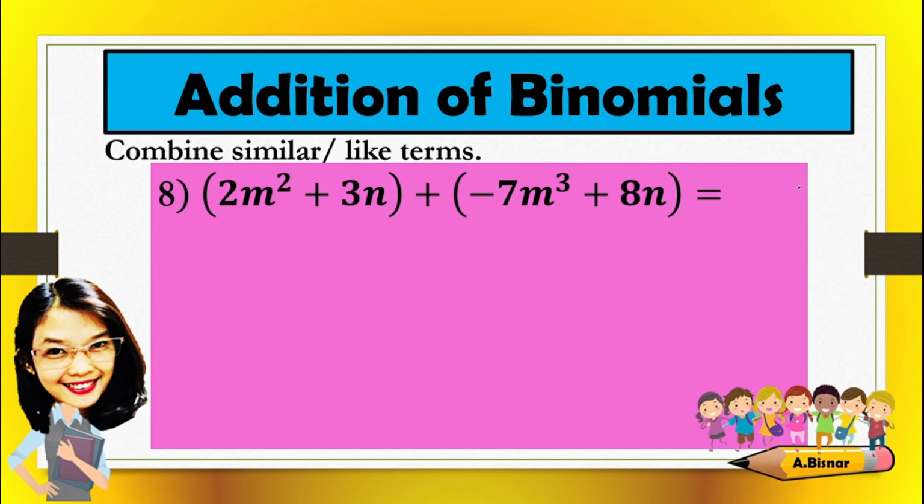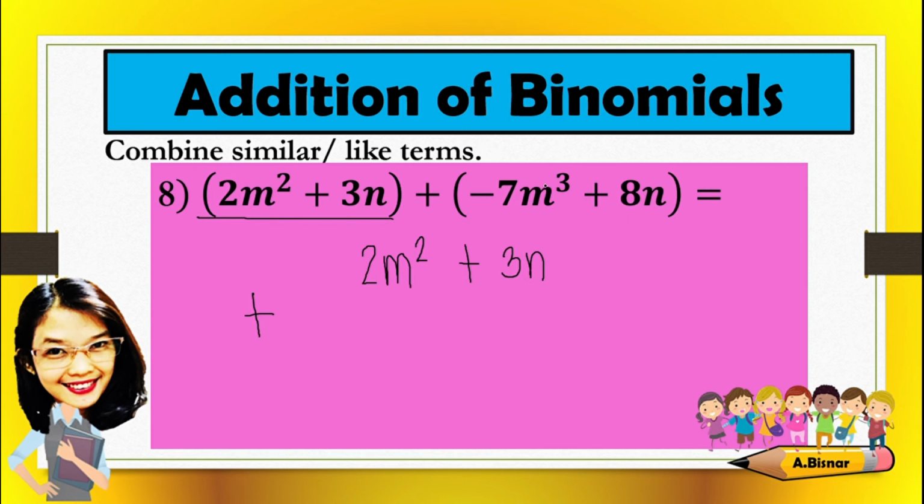Another, 2m squared plus 3n plus negative 7m cubed plus 8n. Again, we are going to align similar terms. So, we have here 2m squared plus 3n. And then we are going to add negative 7m cubed plus 8n.